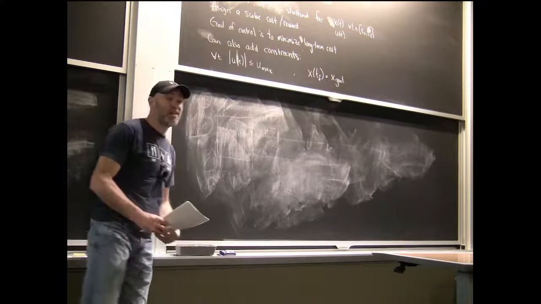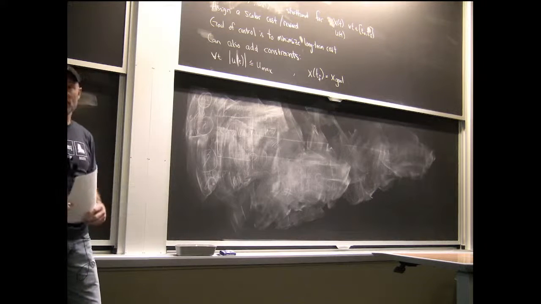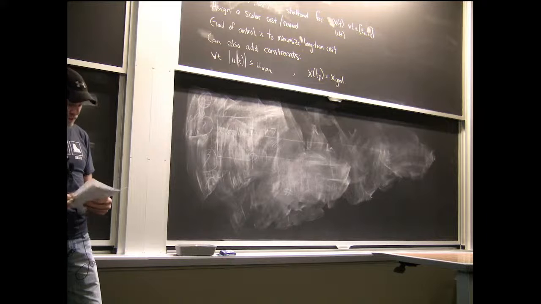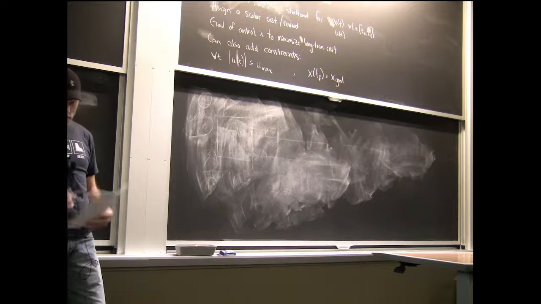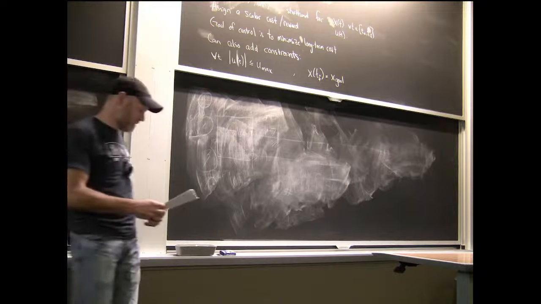So there are a couple of really good canonical examples of optimal control that we can think about without even understanding all the machinery for solving optimal control problems. There are some very intuitive optimal control problems.